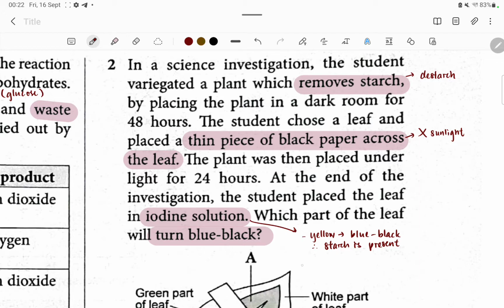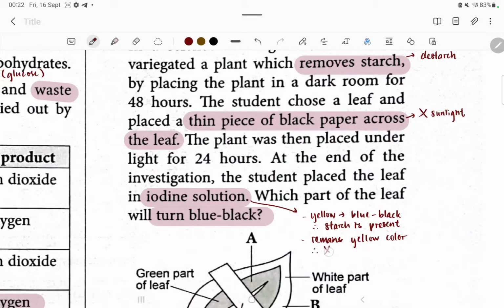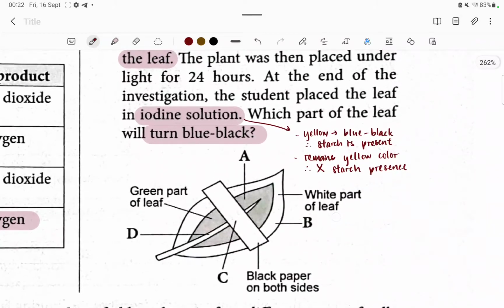If it remains yellow color, this means that no starch is present. Okay, so this is the leaf. This one is the black paper. The white part means that there is no chlorophyll.